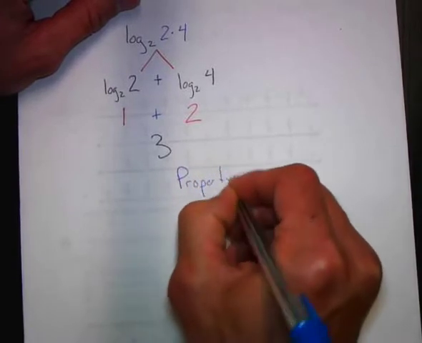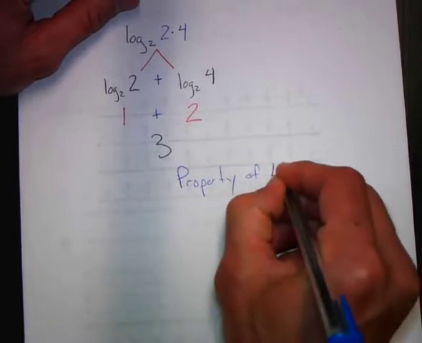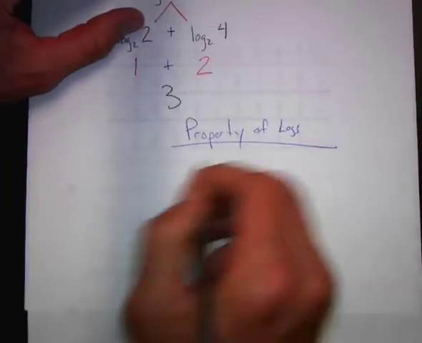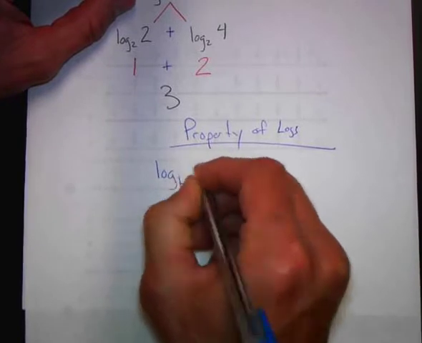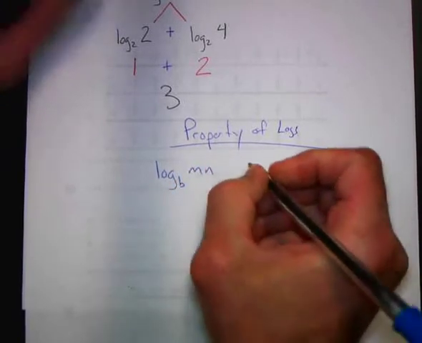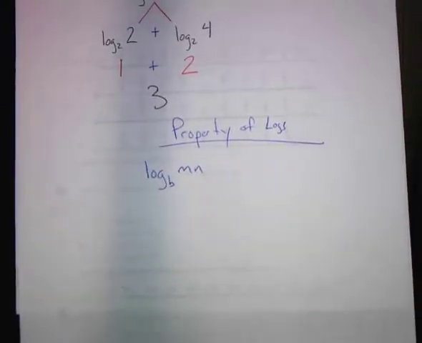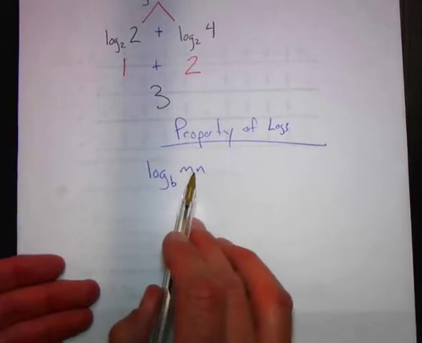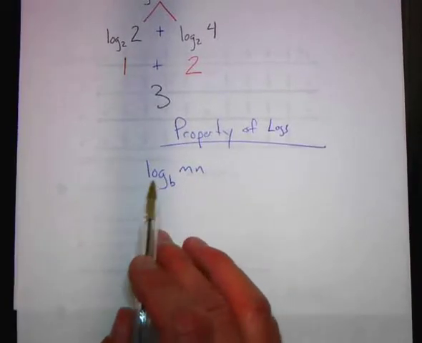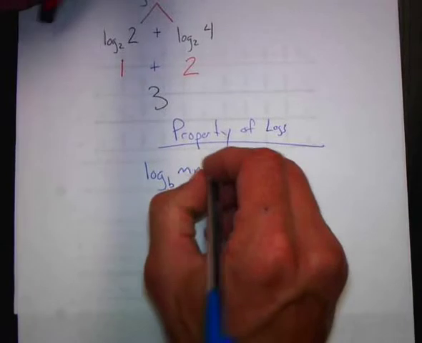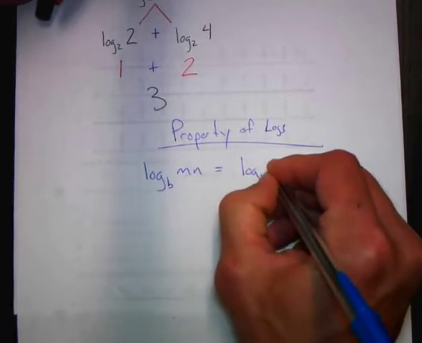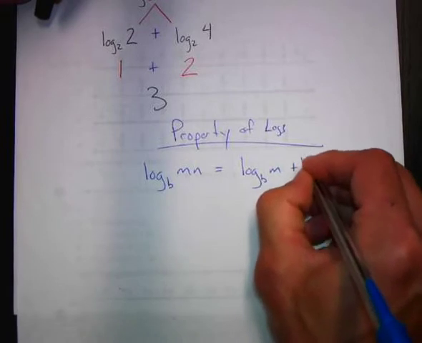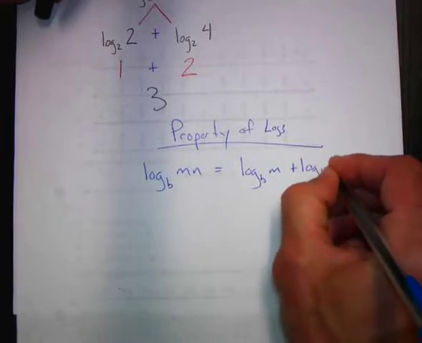If you have a log of any base, and the number you're taking the log of is the product of 2 other numbers, like 8 was the product of 2 and 4, we can rewrite that logarithm as a sum of 2 other logarithms with the same base.